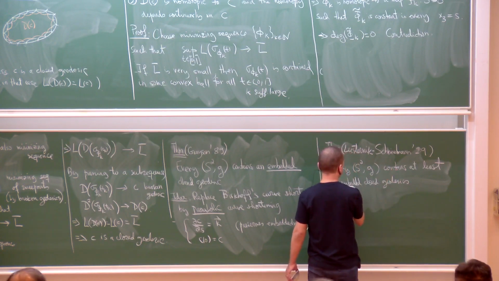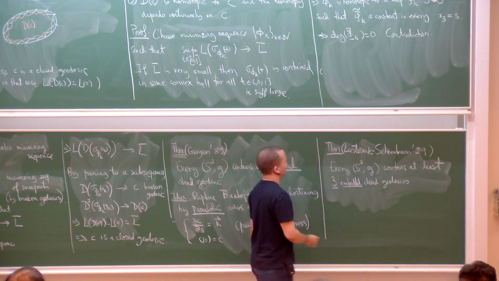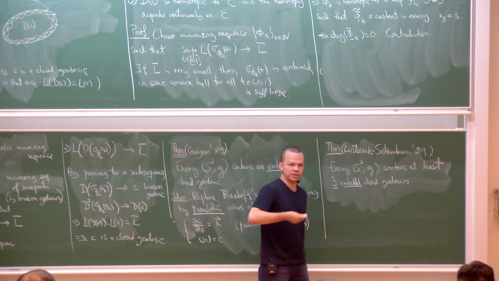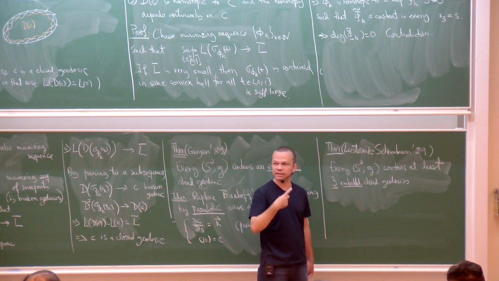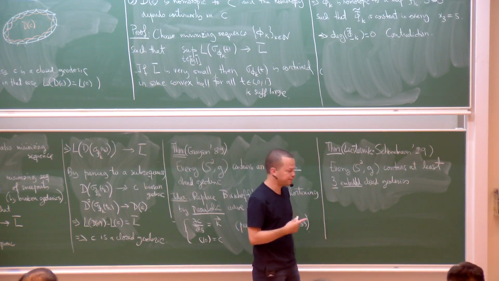The key word, of course, here is embedded, and 3. And this is actually optimal because there are ellipsoids that have precisely 3 embedded closed geodesics.